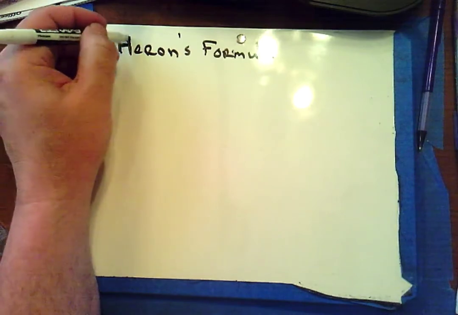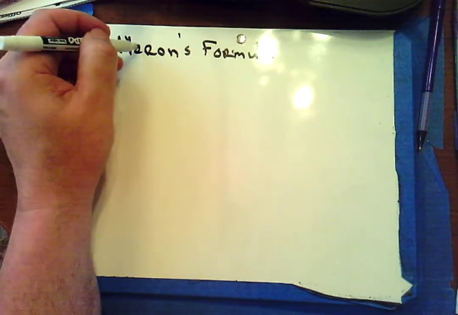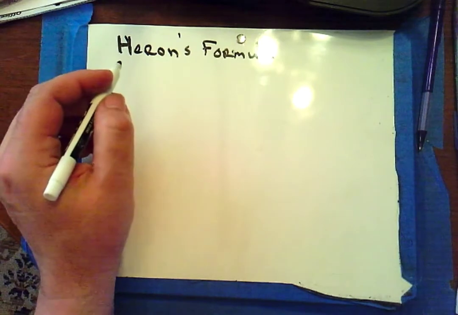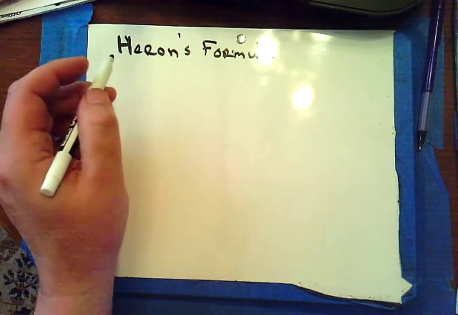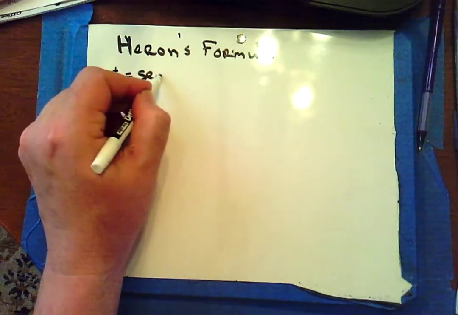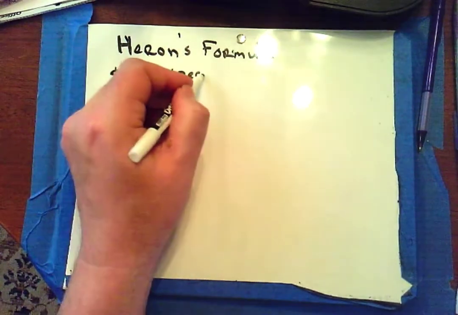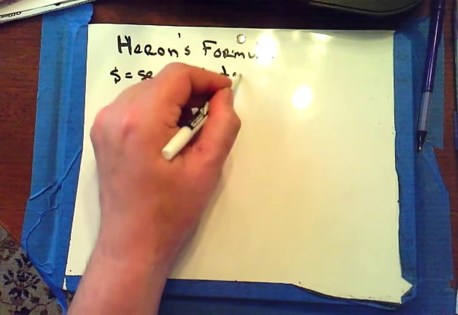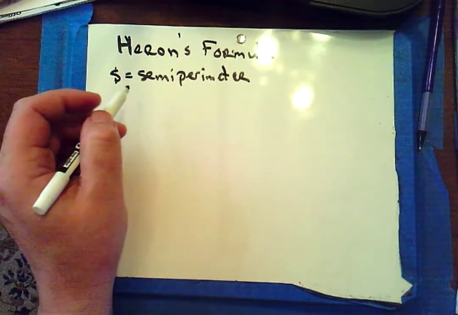The derivation is in the back of your book, and you might want to try it out if you're looking for a little challenge. But Heron's formula depends on something called S, the semi-perimeter. And so what's the semi-perimeter?